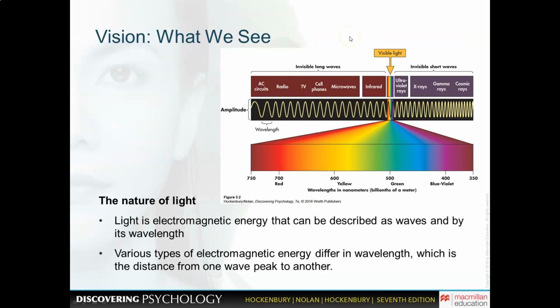Okay, so for the rest of this chapter, we're going to be looking into the various types of sensation and perception. I highly recommend that you view this video in segments, according to each type of sensory process.